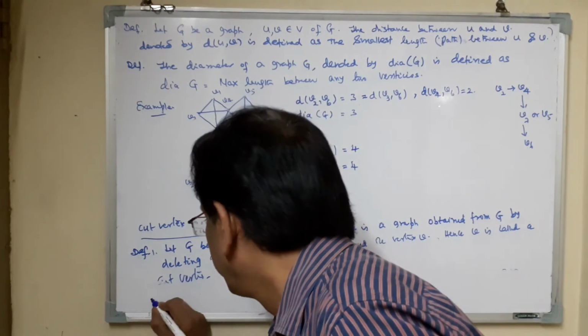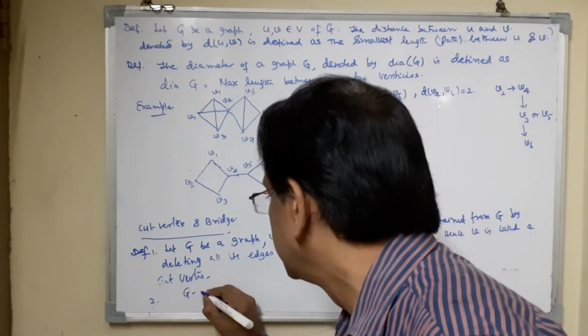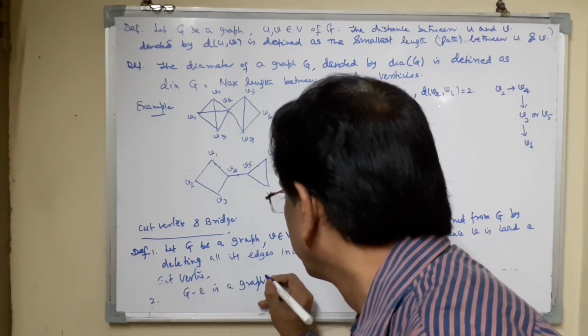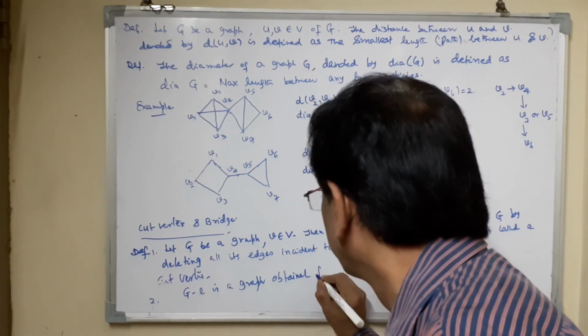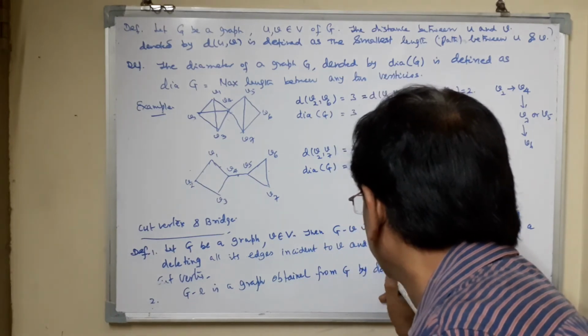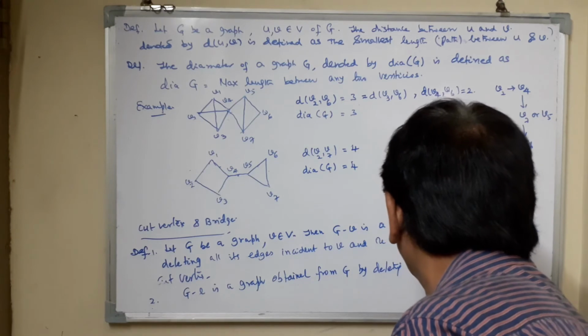In the same way for an edge, let G be a graph, then G minus e is a graph obtained from G by deleting the edge e.